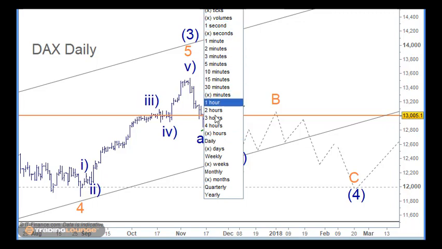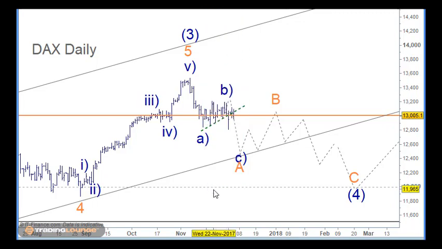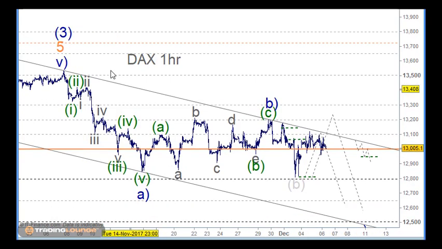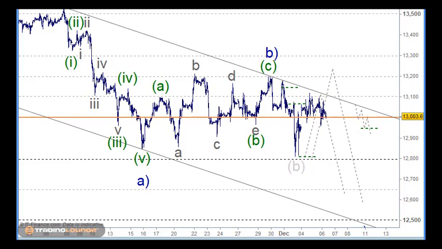So just cutting into the 1 hour chart here. And as you know, this is what we've been looking at. So we've seen the move, this wave 3 here. We've seen this move down here, and then we've seen this is definitely a corrective move across here because it's got overlapping wave structures.